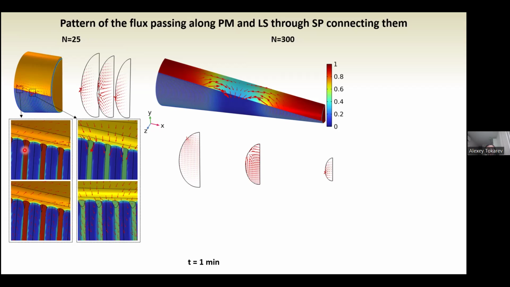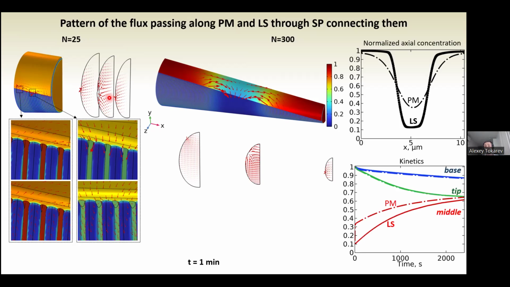The molecules diffuse along the surfaces here to a saddle point, and then they diffuse through saddle points and through the plasma membrane, and then they diffuse again through another saddle point to the lamellar surface where there are no unbleached molecules. So we understand how flux is organized on the membrane.